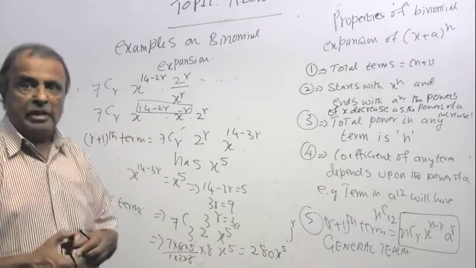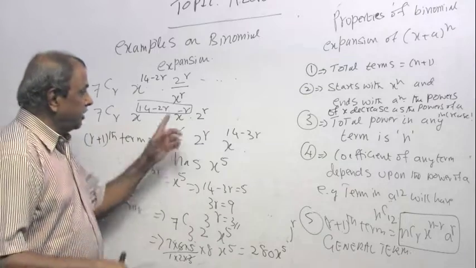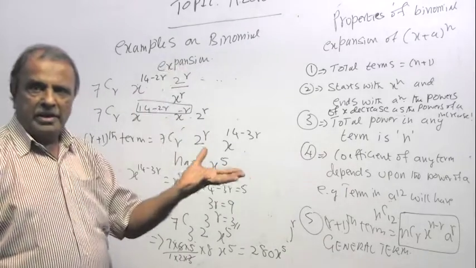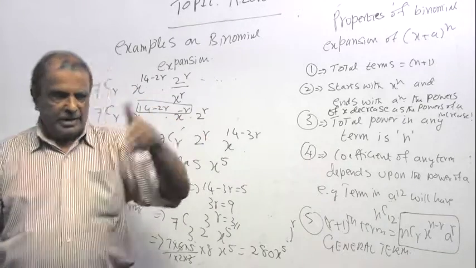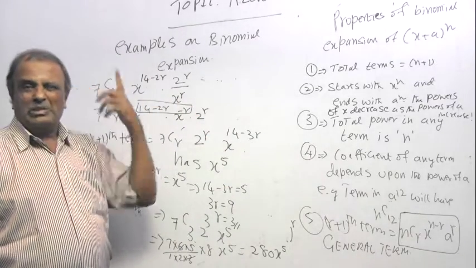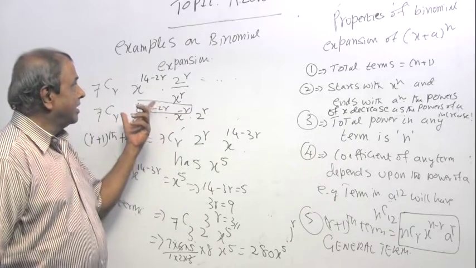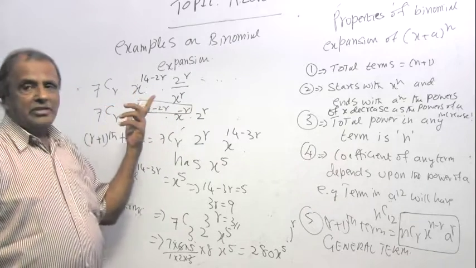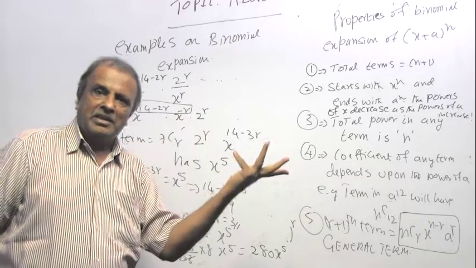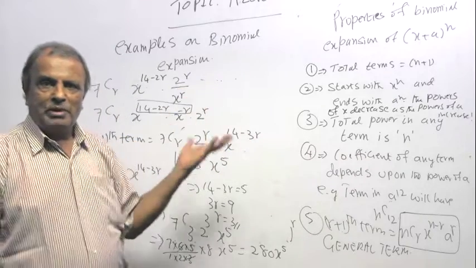So when you want a specific term, it's easier to use a general term and figure out what the value of r should be. Otherwise, you can always do first term, second term, third term, fourth term. What if it was something like x power minus 12 or something? I'm not too sure whether it works here. Maybe x power minus 4, then you will be stuck because you won't be able to do it.